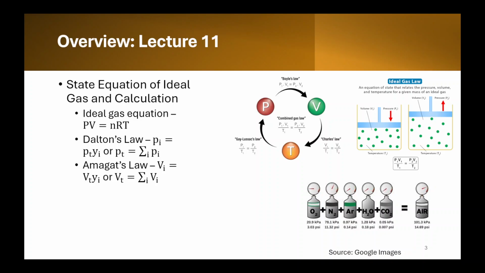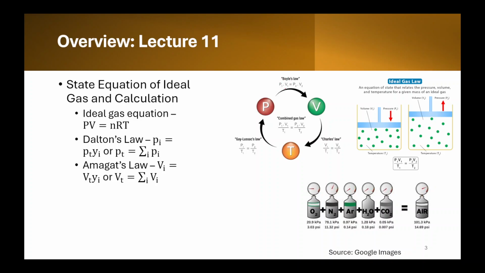The overview of lecture 11 was that it dealt with the state equation of ideal gas and calculations. Firstly, we discussed the ideal gas equation, which is basically the combination of laws propounded by different scientists.